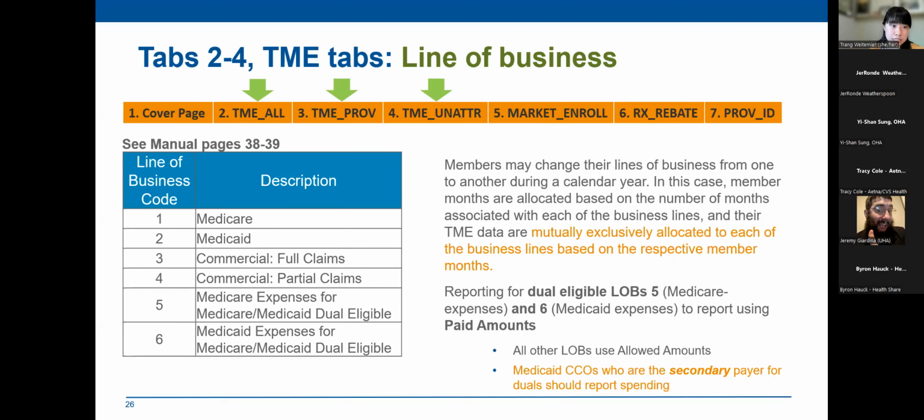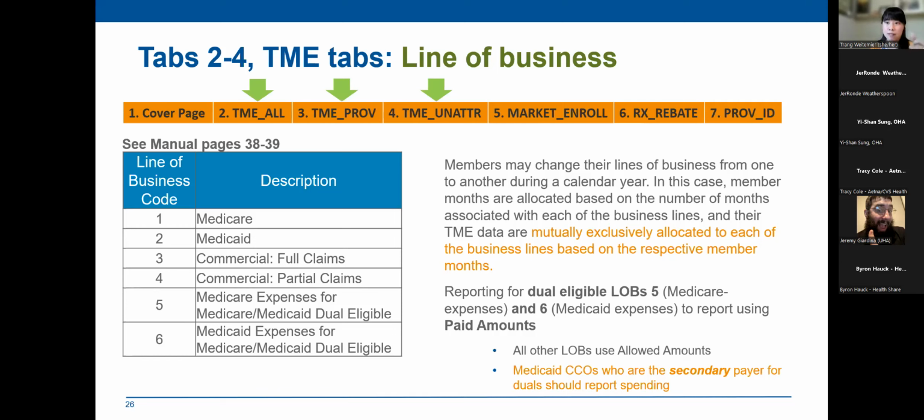So line of business code, we go into the definitions on manual pages 38 through 39, but we do have 6 of them. And I want to specifically call out line of business code 5 and 6. Line of business code 5 is Medicare expenses for dual eligible members. Code 6 is Medicaid expenses for dual eligible members.